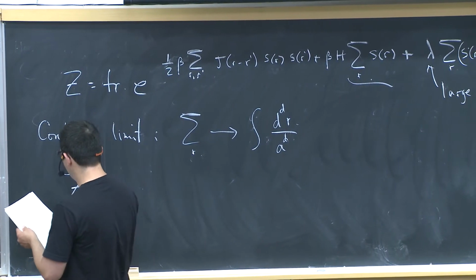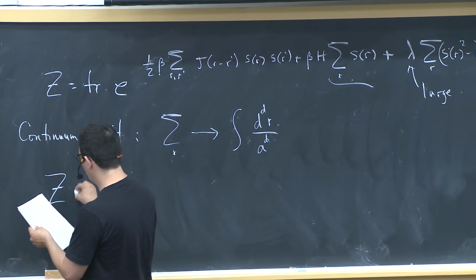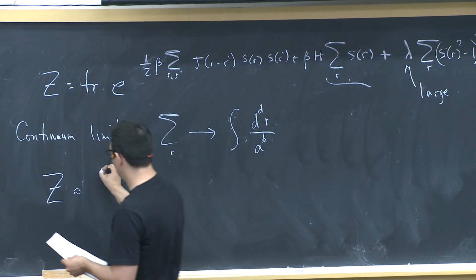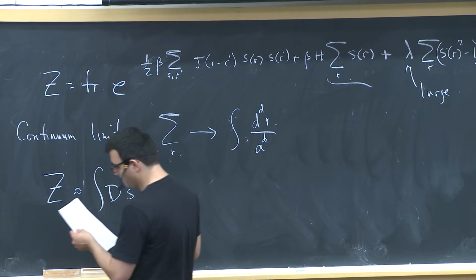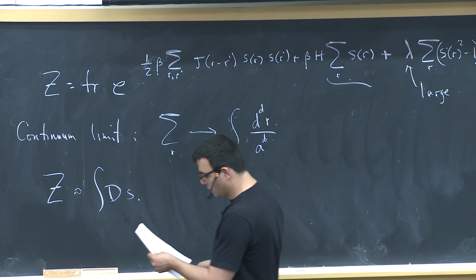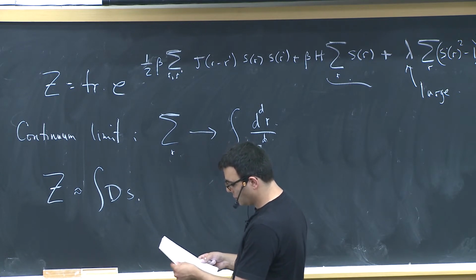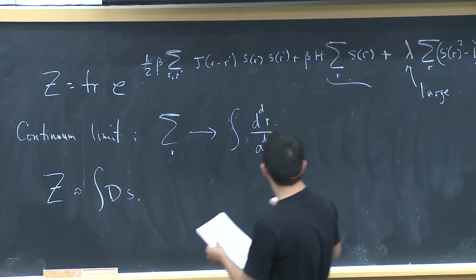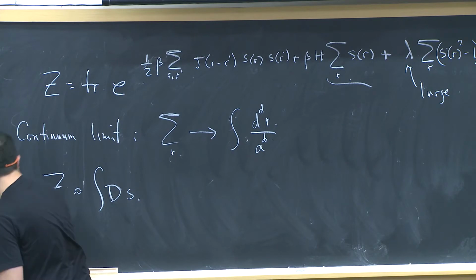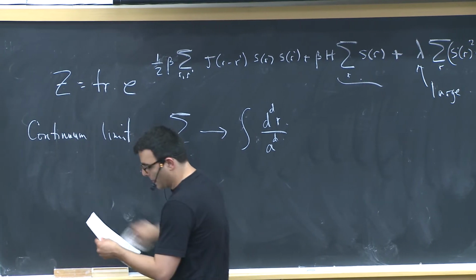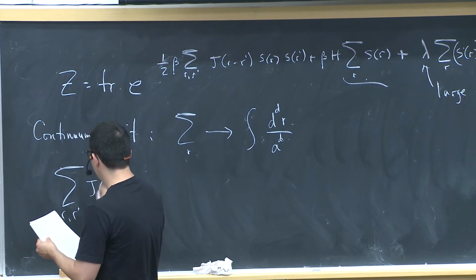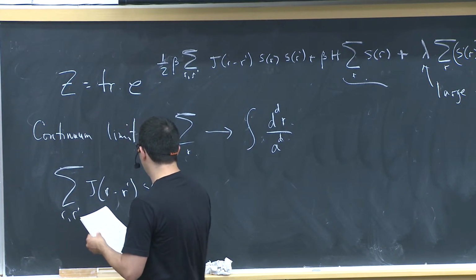So Z would be approximately, instead of having a trace, an integral over s. Let me write an intermediate formula. Let me write what this sum over R and R prime of J of R minus R prime, s of R, s of R prime becomes.